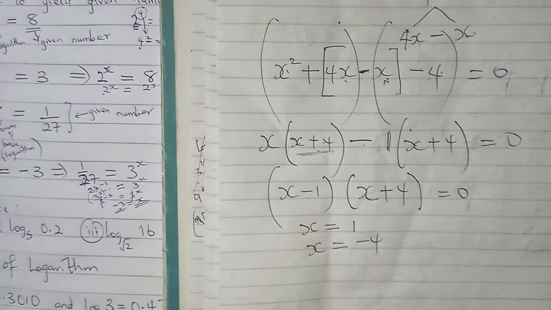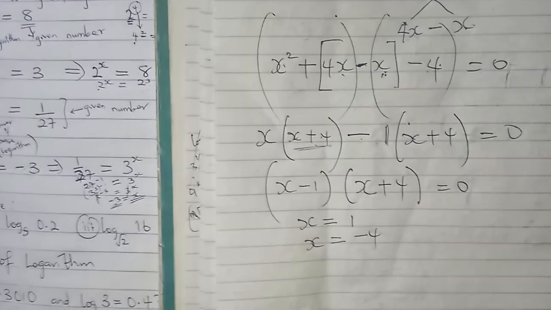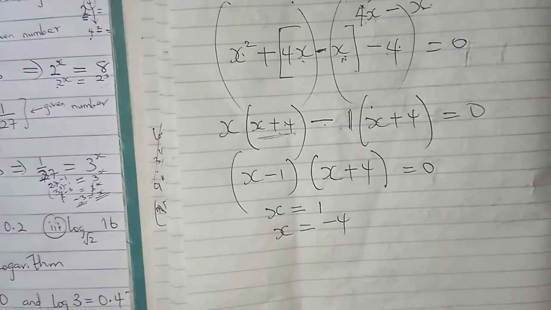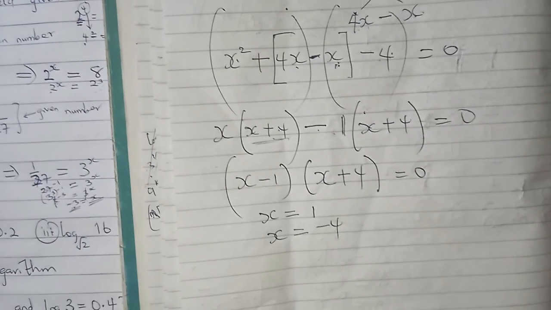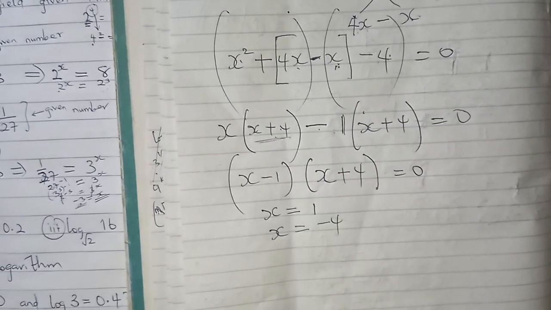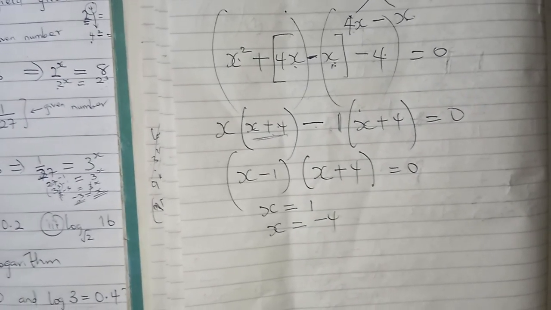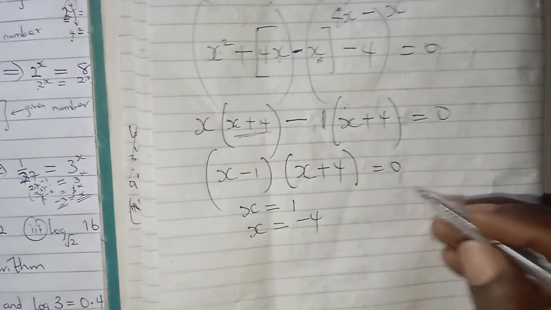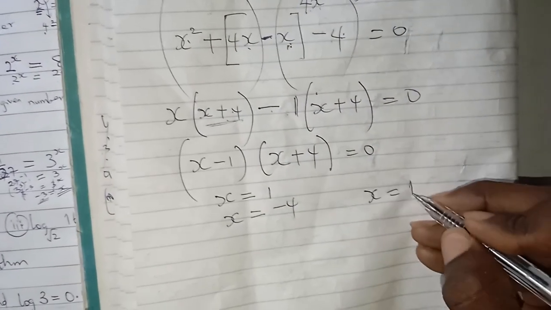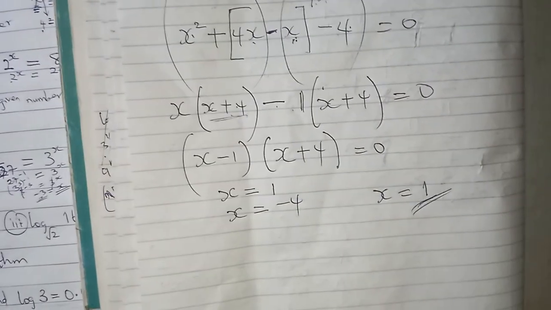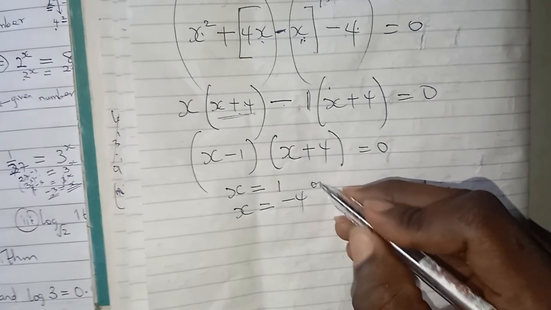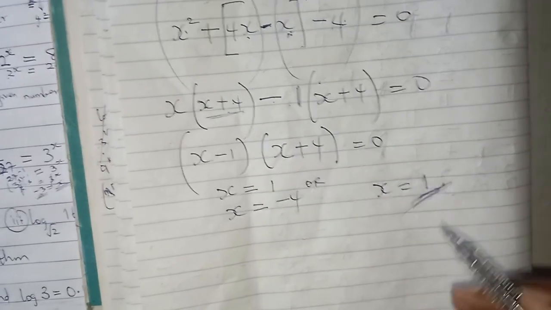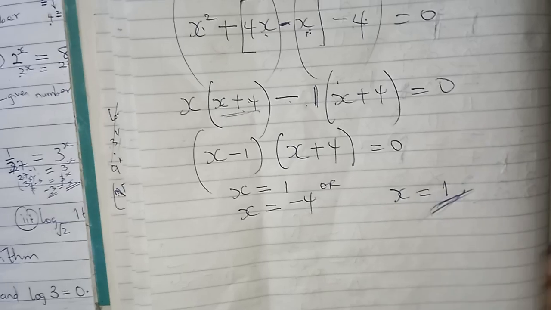And in logarithm, we don't normally see log of a negative number. So we can accept x equals 1, but we can accept this and not minus 4.